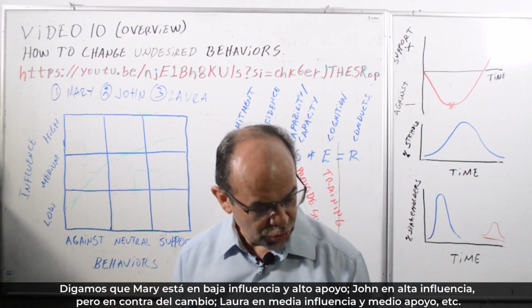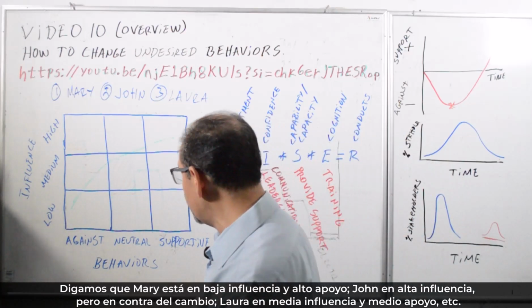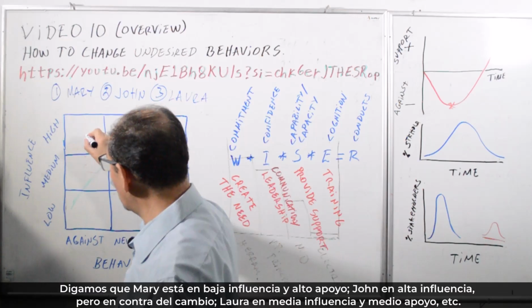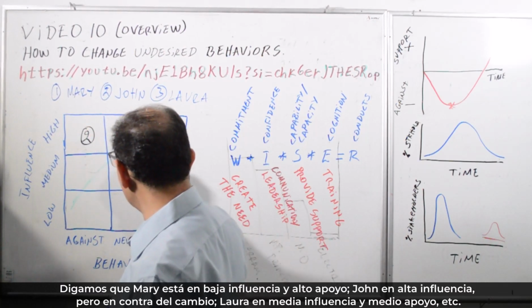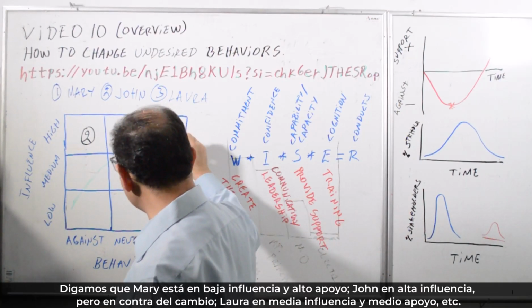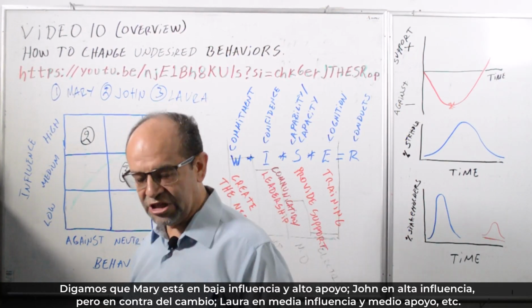In some cases, for instance, some could be here. Number 1, Mary, maybe John is here, maybe Laura is here, etc. And you can have other stakeholders in different locations on this diagram.